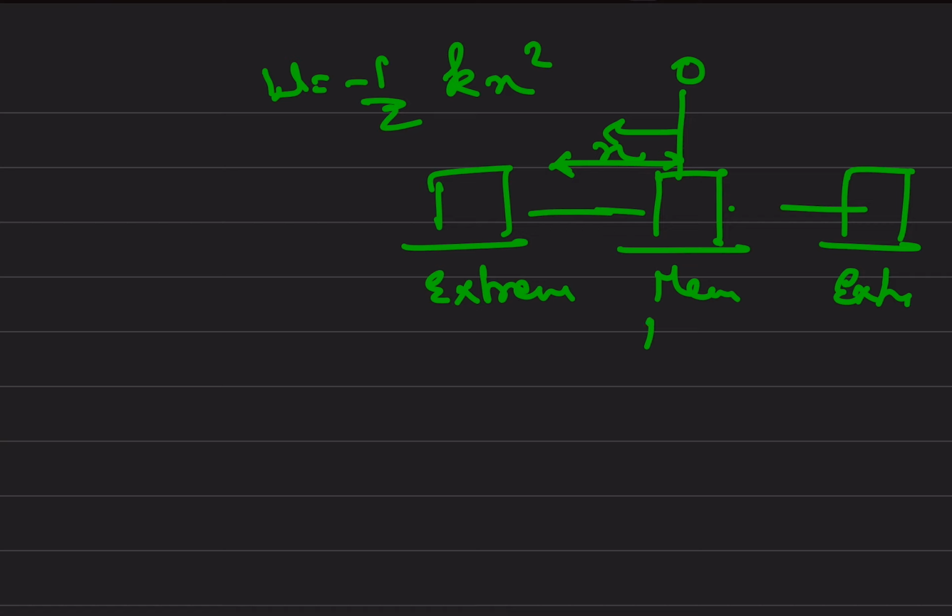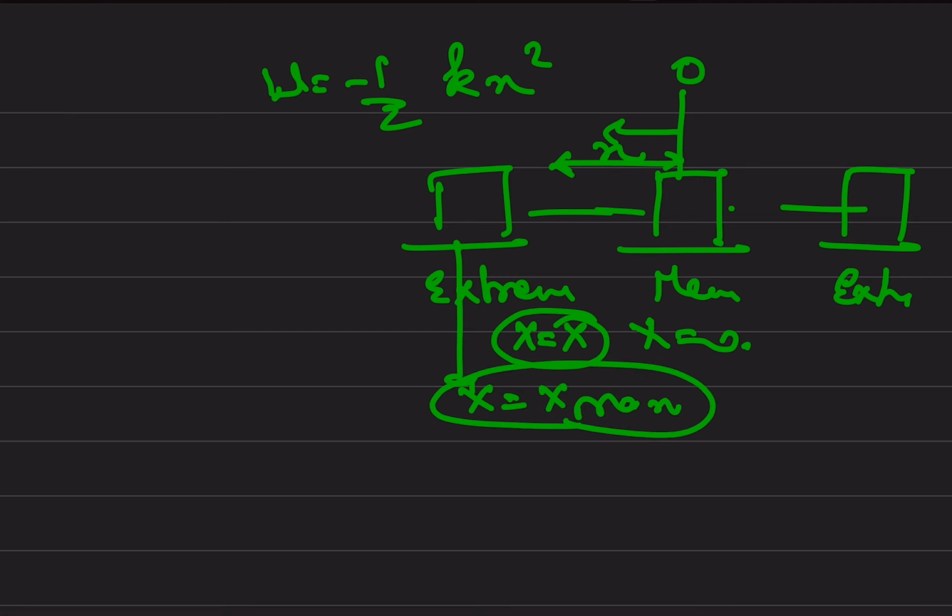Here x is equal to 0, here x is equal to x, and here x is equal to x max. So from 0 to x, the magnitude of work done is half kx square.